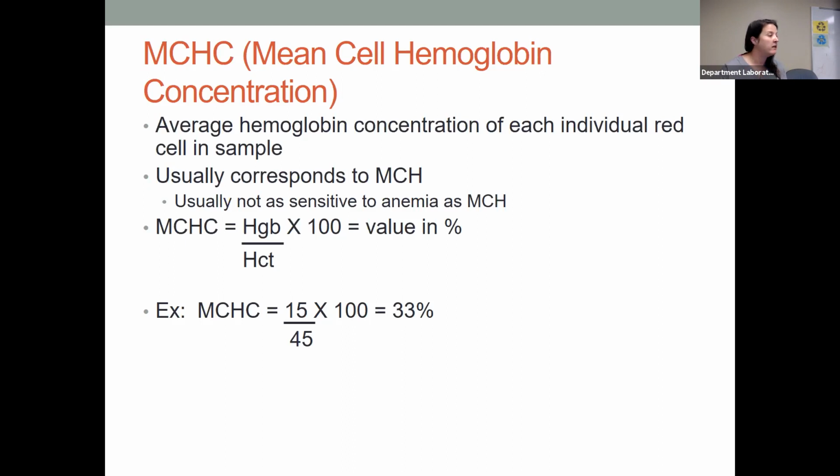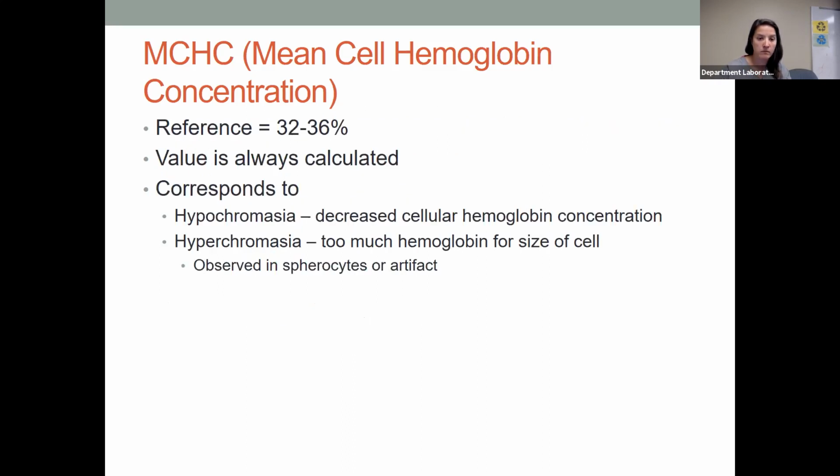So an example of that, if you had a hemoglobin of 15 divided by a hematocrit of 45 times 100, you have an MCHC of 33. So your reference range for that should be somewhere between 32 and 36%. And again, this value is always calculated, whether you have automated or manual.